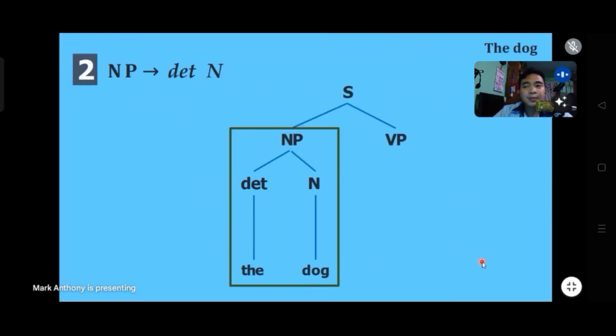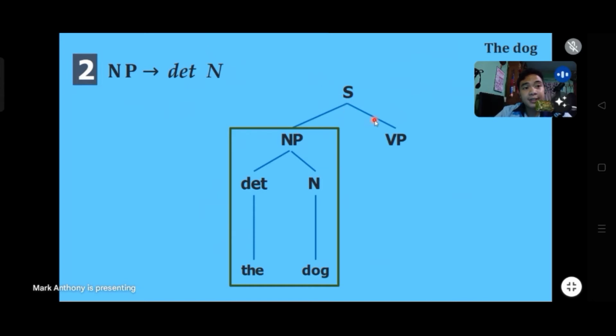The second structure rule is that the noun phrase is divided into a determiner and a noun. Let's have a short review. What is the determiner? A determiner is a word that determines the noun in the sentence. In our sample, we have "the dog." Again, S represents the sentence itself, and it is divided into two constituents.